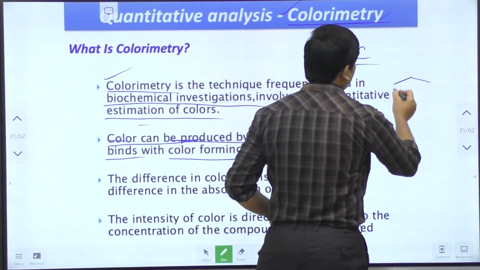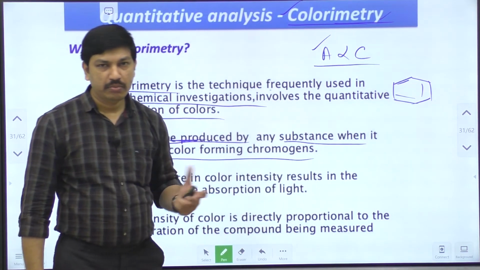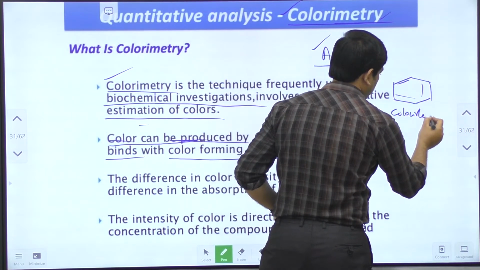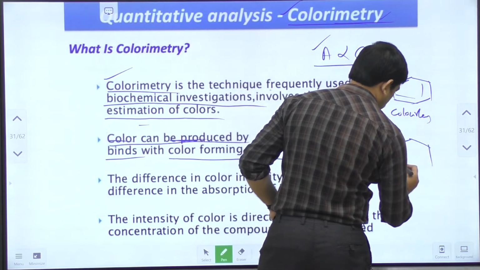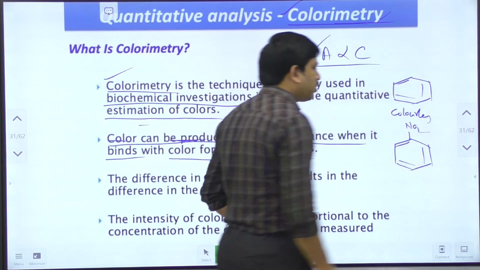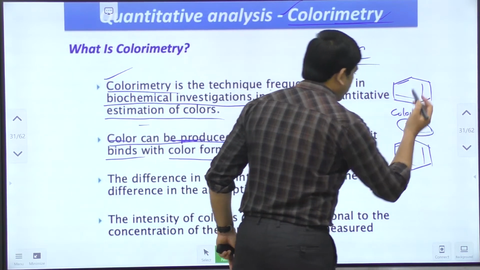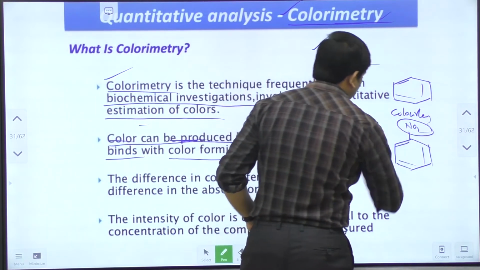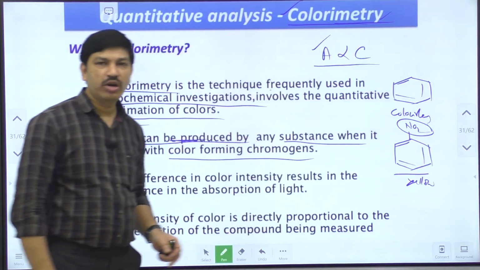The best example: what is the color of benzene? Benzene is colorless. But if you see this, what is it? This is nitrobenzene. What is the difference between benzene and nitrobenzene? Only the NO2 group. But due to the presence of this NO2 group, this compound is yellow in color.